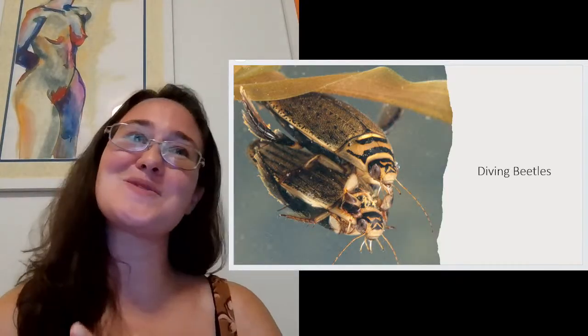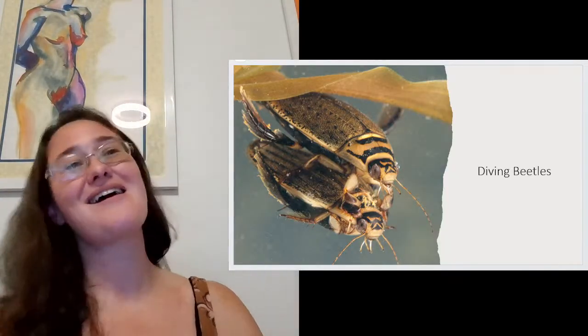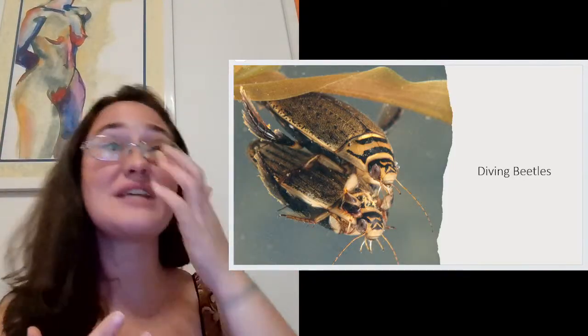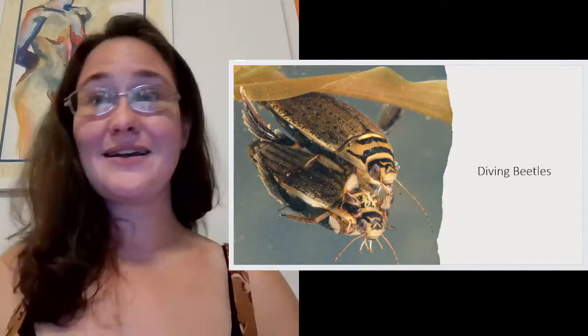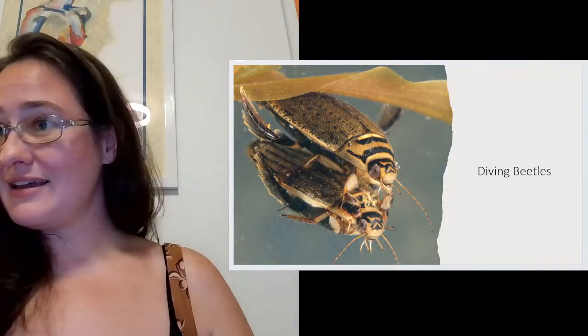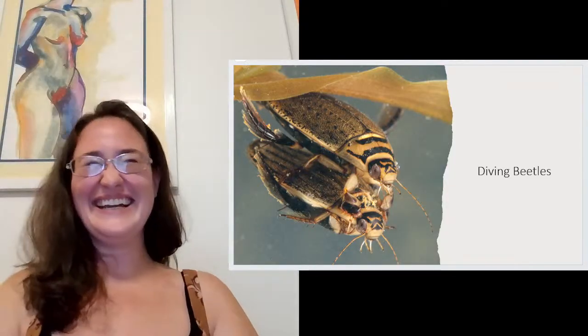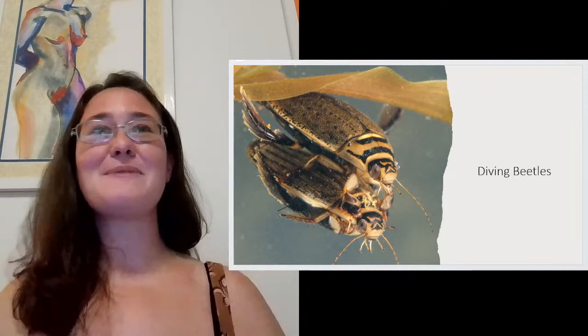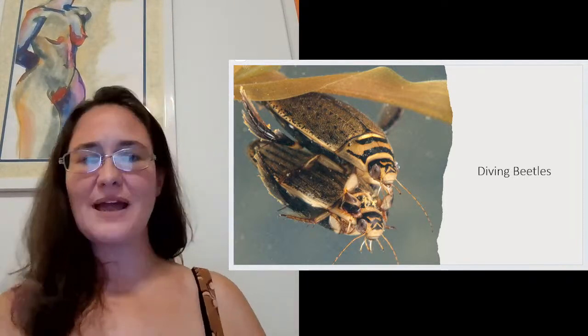And so this is where I like to start a story that I call Mating Wars and Diving Beetles. You see, back in the day, diving beetles were all very, very smooth, right? Their backs are very smooth.